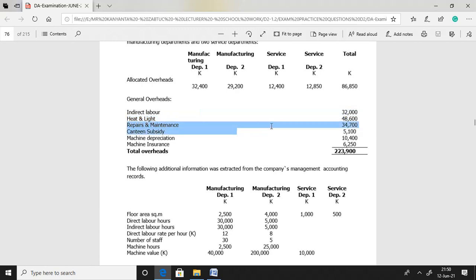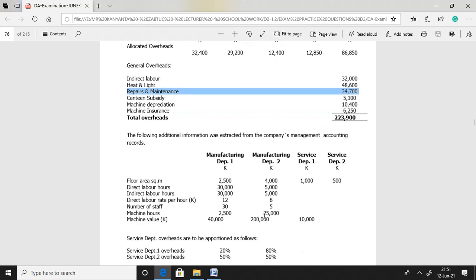Repair and maintenance cost. That's the general cost. Look down here, pick the basis of apportionment for repairs and maintenance. The appropriate basis of apportionment you can use here is floor area.